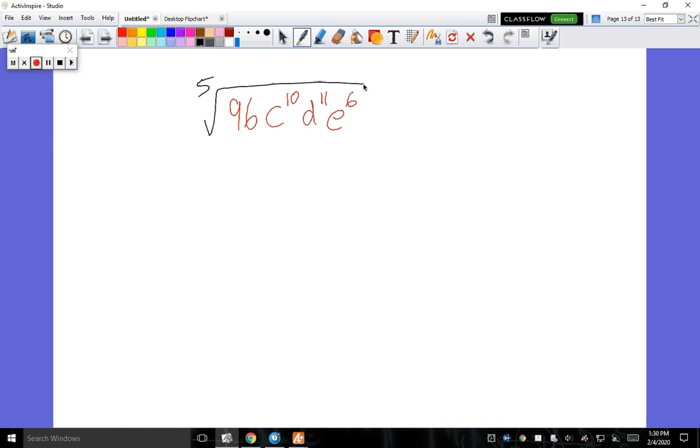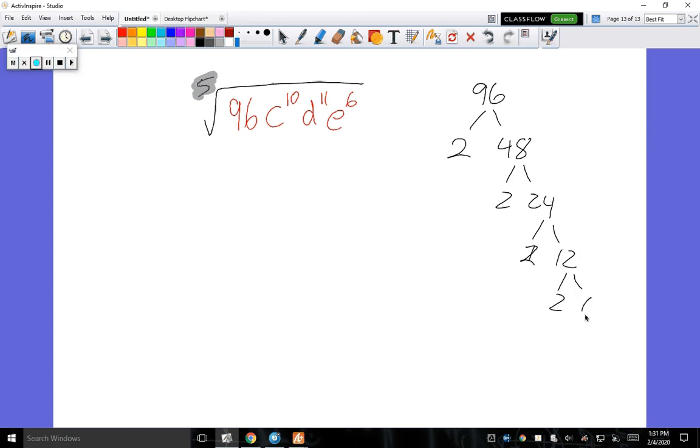So now the gateway, the gatekeeper, if you will, only lets them out if they're in groups of 5. Let's break 96 up. What's the first number I'm going to try? 2. And what is it? 48. 2, 24. 2, 12. 2, 6. 2, 3.